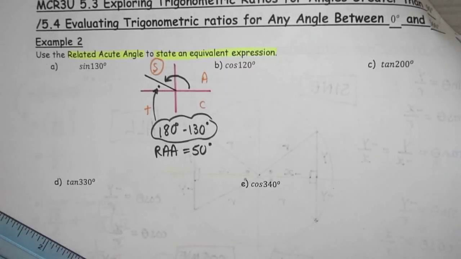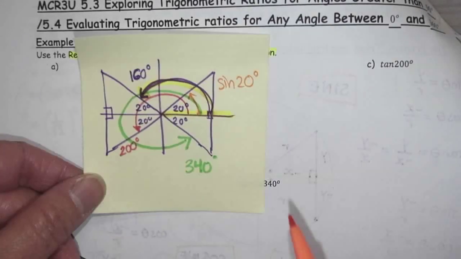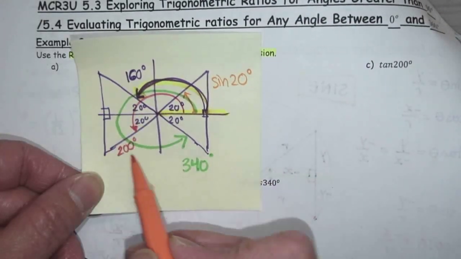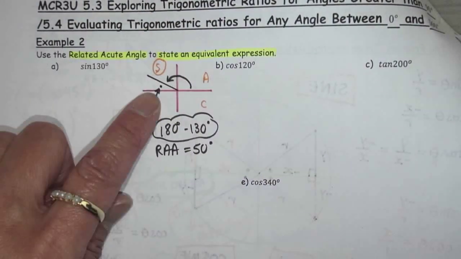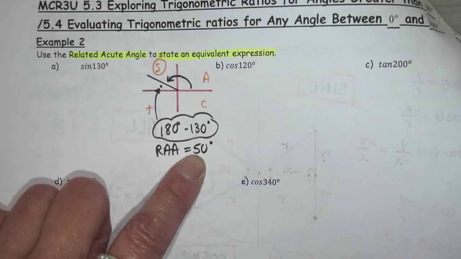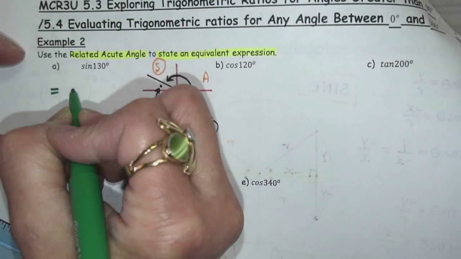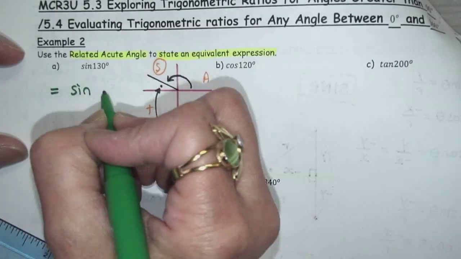I want one more thing added to it now. Based on the fact that I showed you this thing where, look, if you did sine 20, it's the same answer for all of them, I want you to do that thing. So I know it's the same as sine of 50. So I know it's equivalent. So I'm going to say this is the same thing as me calculating sine of 50.